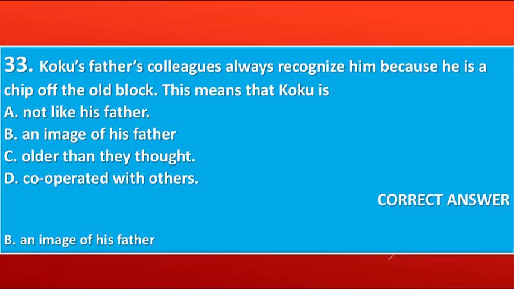C. older than they thought. D. cooperated with others. The correct answer to this question is B. Koku's father's colleagues always recognize him because he is a chip off the old block. This means that Koku is an image of his father.